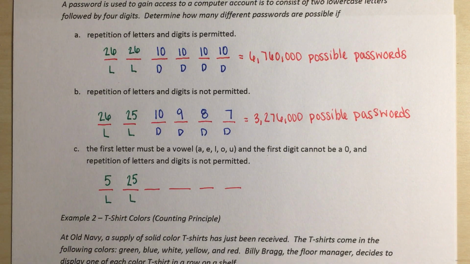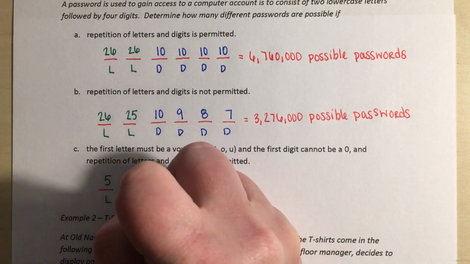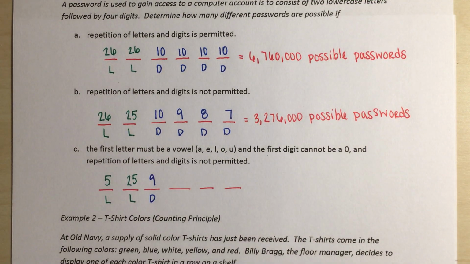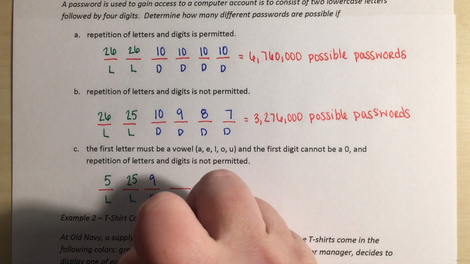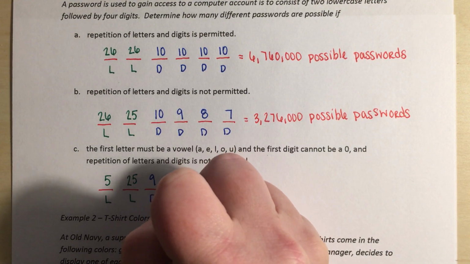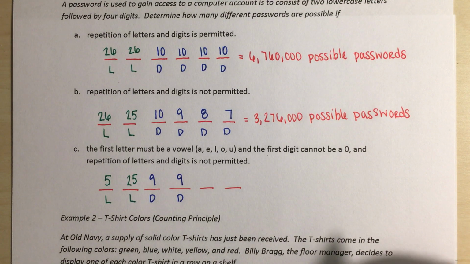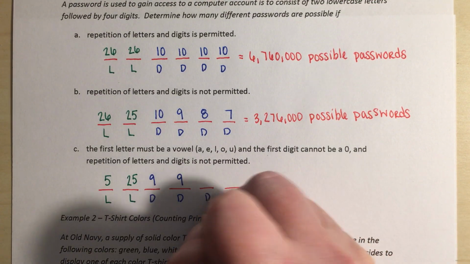The first digit cannot be a 0, so that means we can only use the digits 1 through 9, so we only have 9 choices. And whatever we picked, let's say we picked the number 9 for instance, well then we can use 1 through 8, but now we can use 0 for this one. So we're only eliminating one digit here. So we have 9 to choose from.